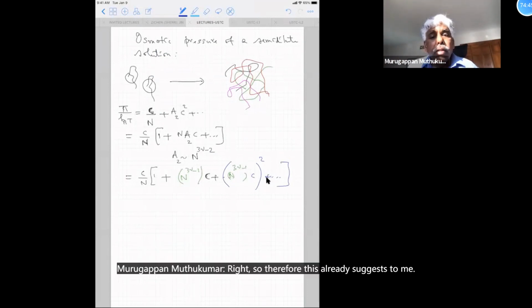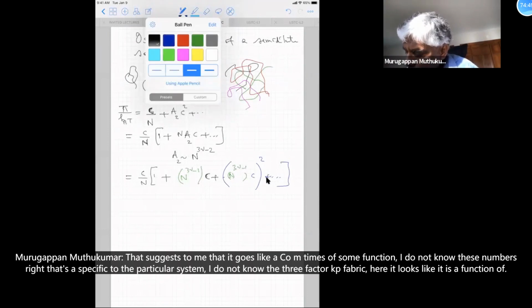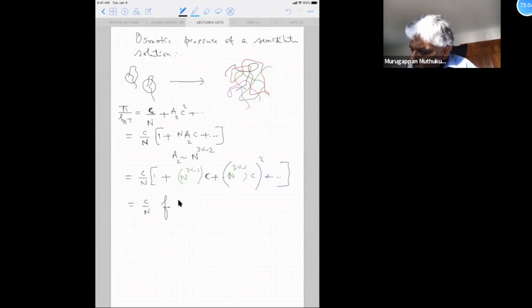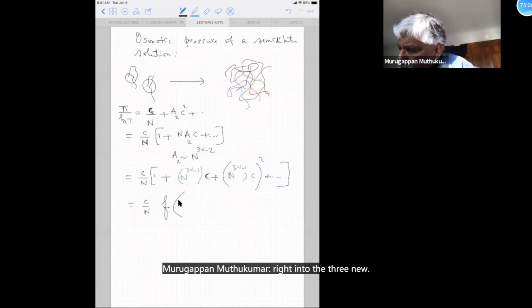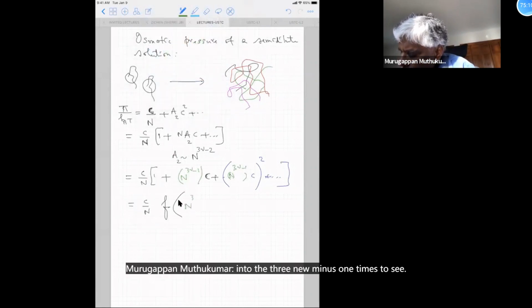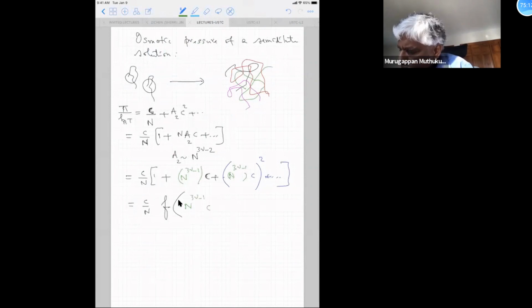So this already suggests to me that it goes like C over M times some function. I do not know these numbers, right? That's specific to the particular system. I do not know the prefactor here. It looks like it is a function of N to the 3 nu minus 1 times C. Okay.